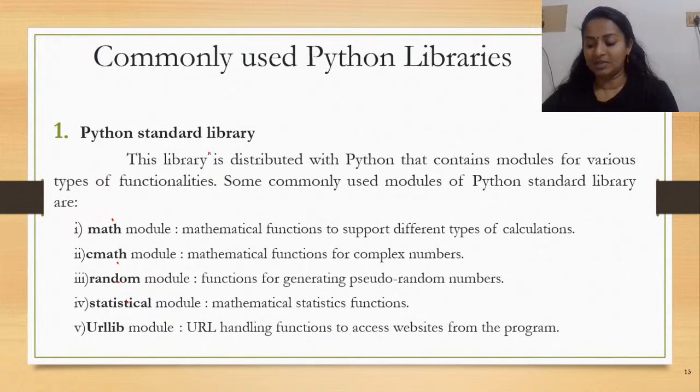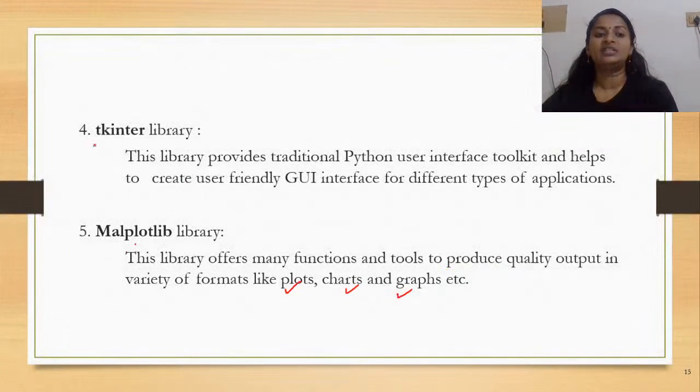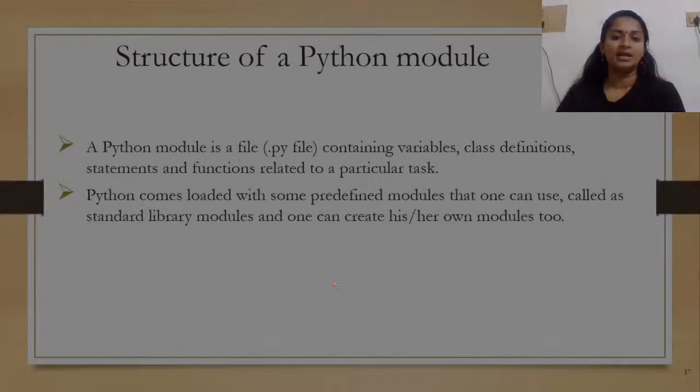Apart from that, we also saw the NumPy library and the SciPy library, one dealing with numeric arrays and the other for scientific calculations. After that, the tkinter library, the toolkit for creating the interface, and then the matplotlib library, which had tools and functions that could improve the quality when you're giving the output in the form of plots, charts, and graphs.